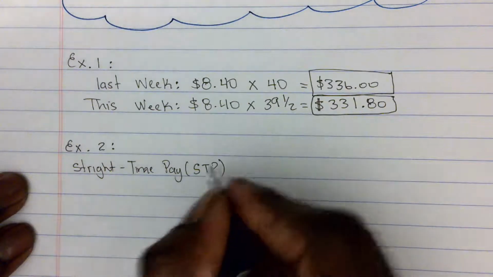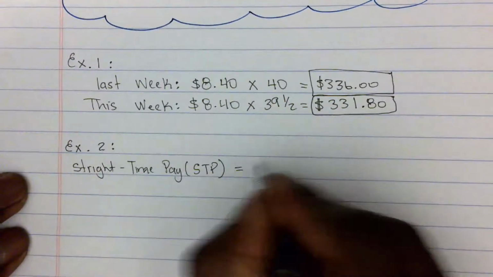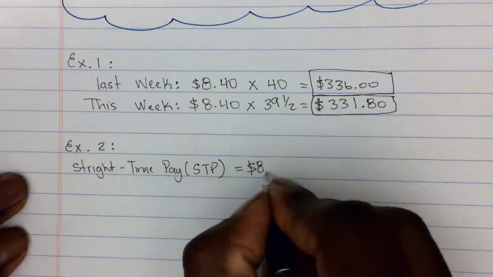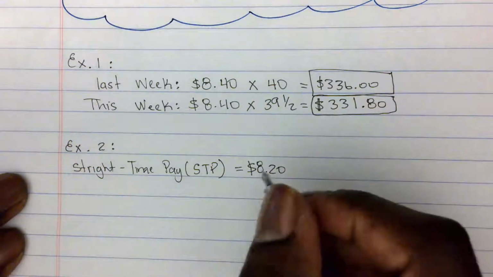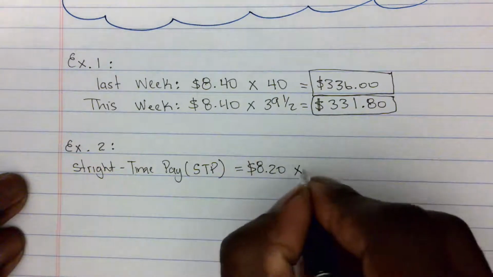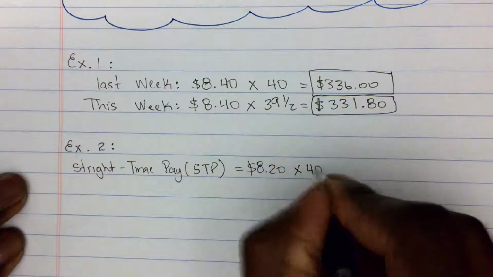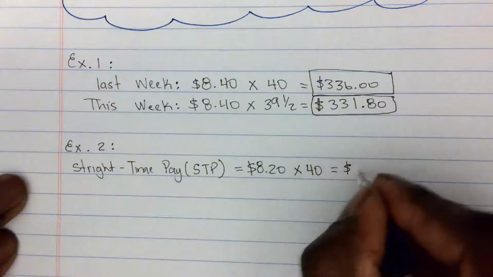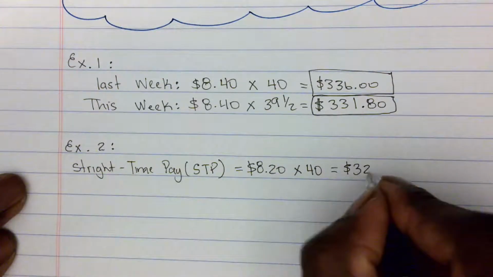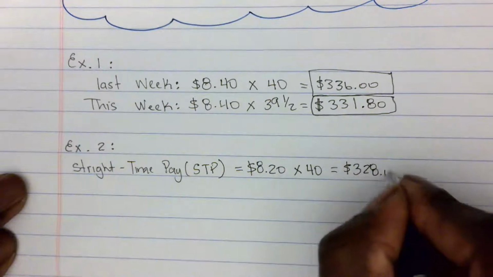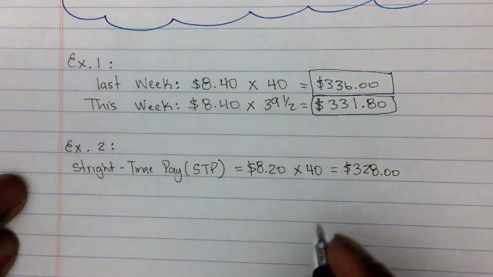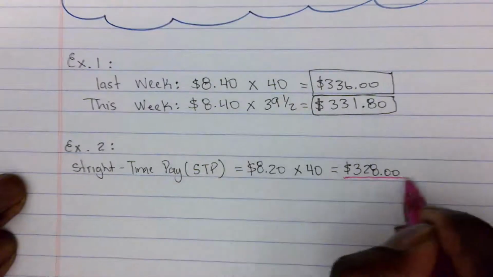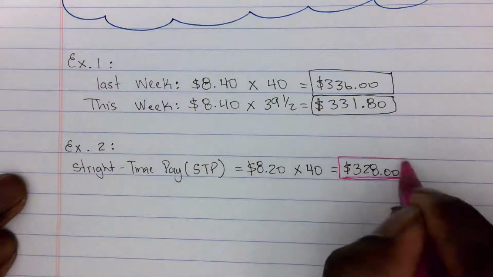It's how much she gets paid per hour, $8.20, times her regular 40-hour week. When you plug that in your calculator, you're going to get $328. That's the first part of our answer, so let's highlight that.